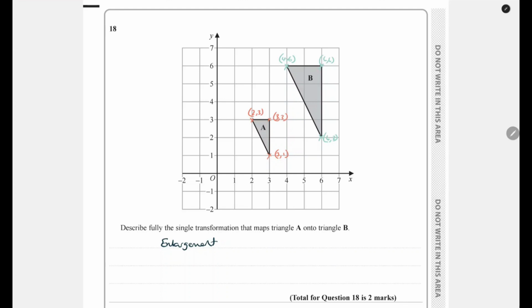So as we can see, the coordinates for shape B are twice the size of the coordinates of shape A, and so the enlargement is by scale factor 2, as we've multiplied everything by 2, with center 0, 0. So the scale factor is starting from this point here, 0, 0.